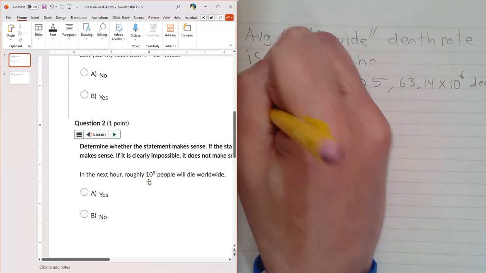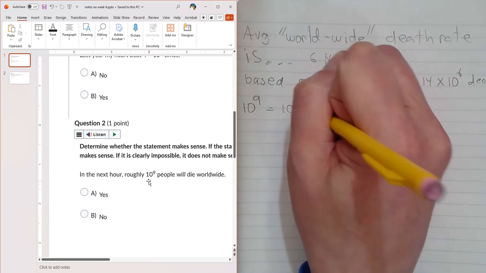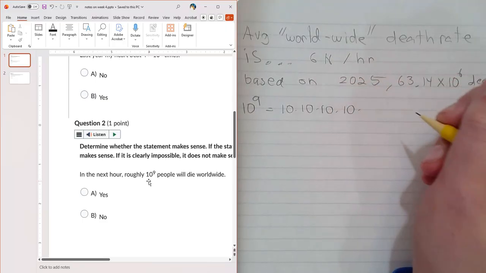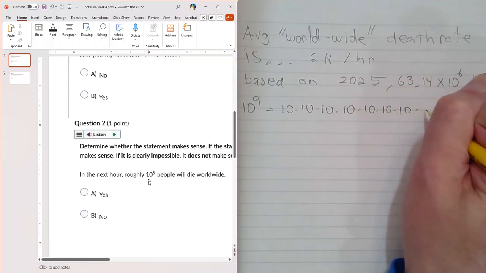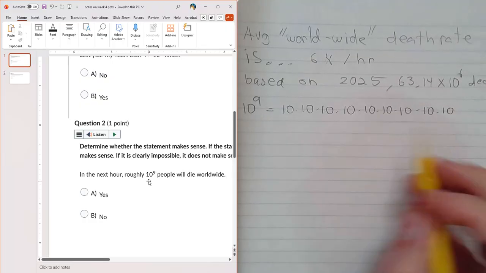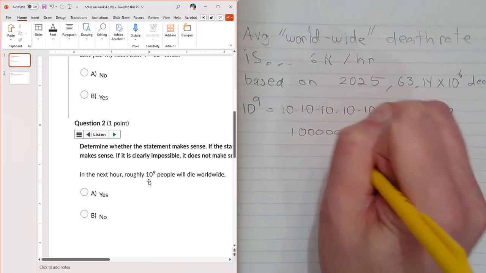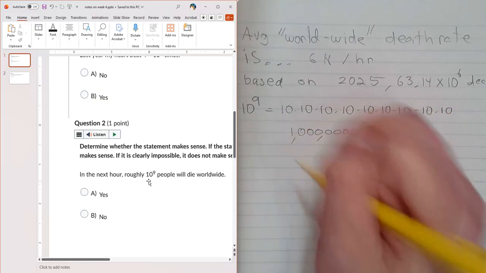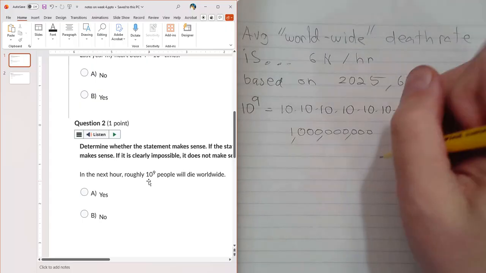Let's evaluate what 10 to the 9th is. That's going to be a 10 times a 10 times a 10 times a 10. That's 4 tens, 5 tens, 6 tens, 7 tens, 8 tens, and 9 tens. That's 9 zeros. 1, 2, 3, 4, 5, 6, 7, 8, 9. 1 million.